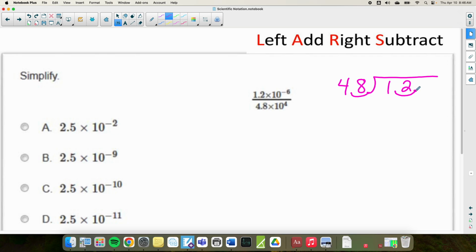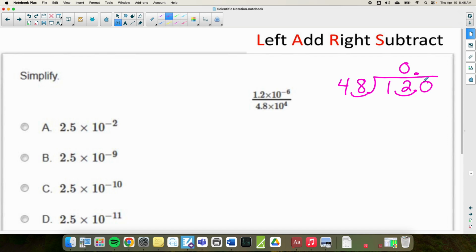So now it's like 48 goes into 12. Does 48 go into 12? No, so I can put a 0 up there, okay? Bring my point up above, and then I put a 0 here. Now, how many times would 48 go into 120?